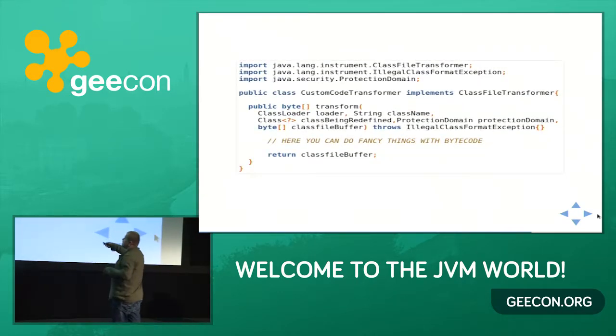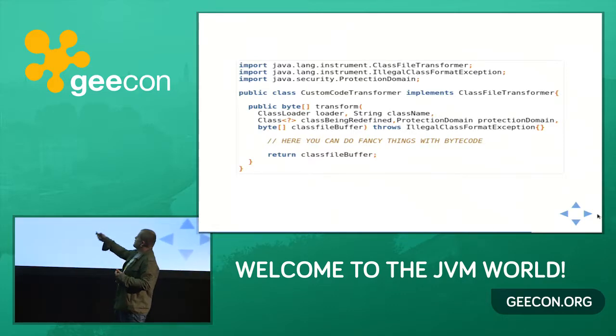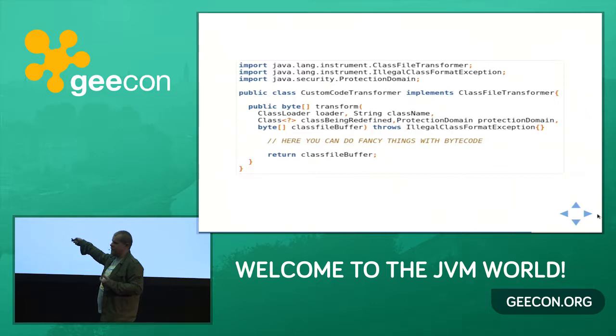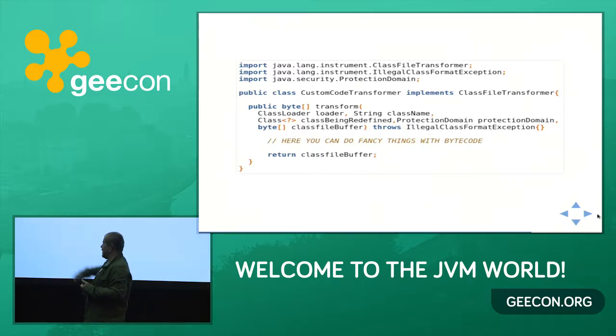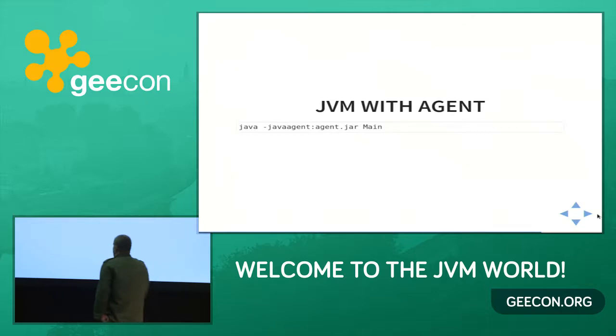And this is the example code, the transform method. This is your class, actually, not the bytecode, the class, as a table of bytes. And if you have the right tools, you can modify it and change the behavior of your code. And this is how you run it.